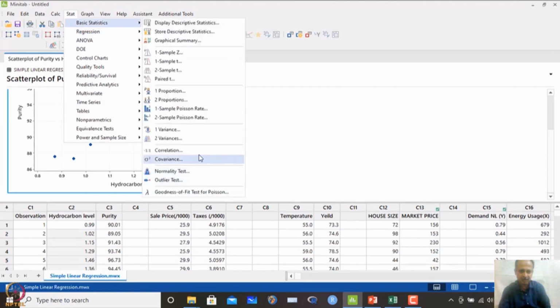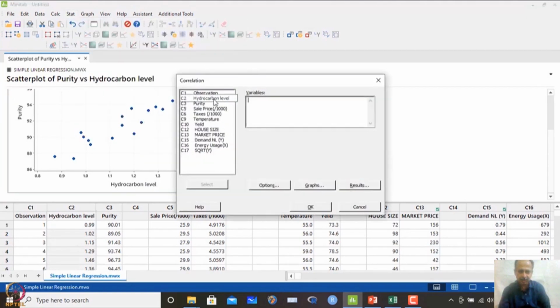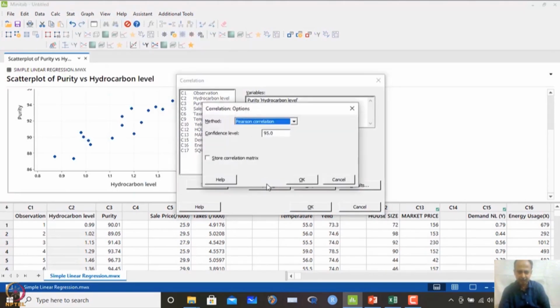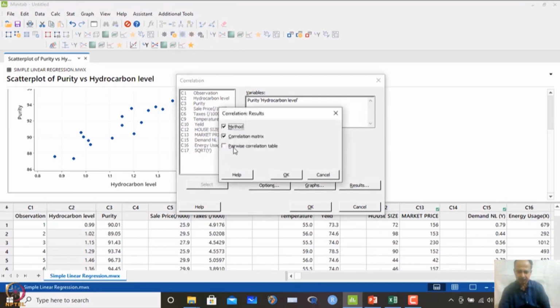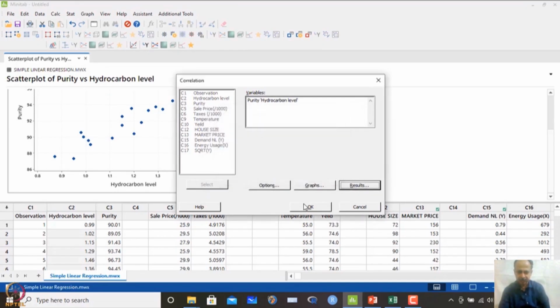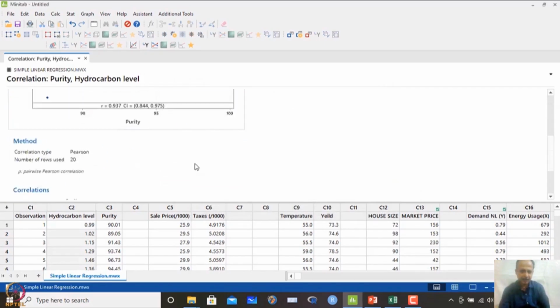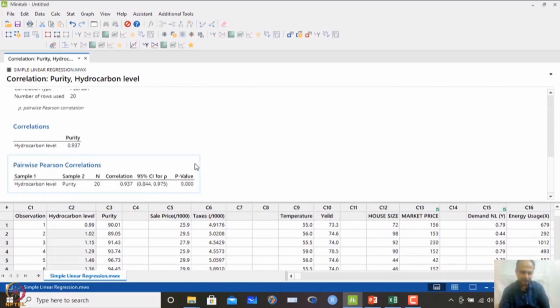In Basic Statistics, we can check correlations, with purity and hydrocarbon levels, set the options, and interpret the results. I click OK, and the correlation p-value we see here is near 0 and less than 0.05.